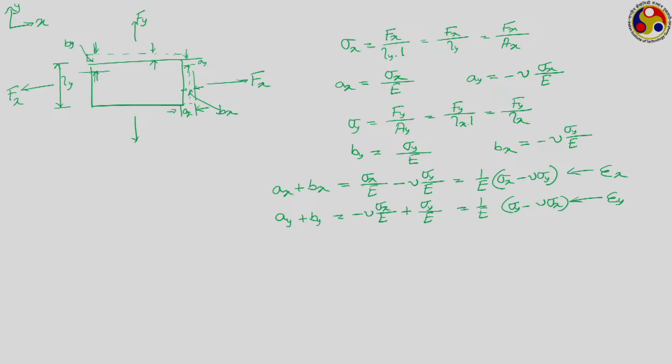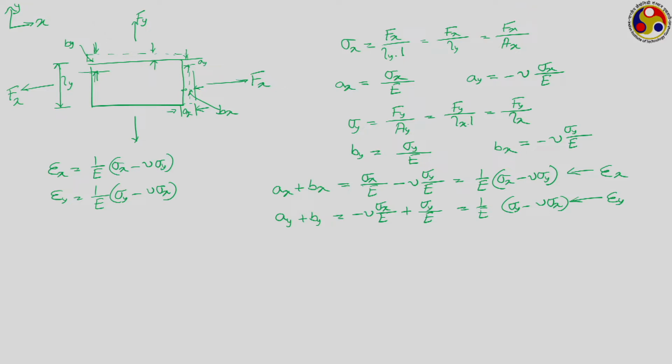So, this way we can write then epsilon x is equal to 1 upon E, I should write the strain in the x direction, net strain, into sigma x minus nu into sigma y. Similarly, epsilon y is equal to 1 upon E into sigma y minus nu into sigma x. If our interest is to know only the strain, then this is sufficient.